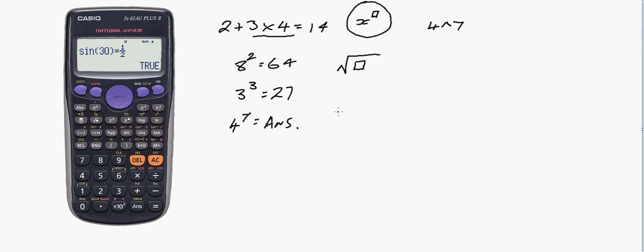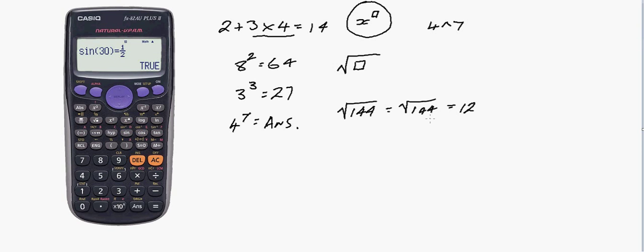So for example, if we want the root of 144, what we do is we press root, and it will come up with root, and then you type in 144, and it will come up as this. You press equals and you get the answer 12.